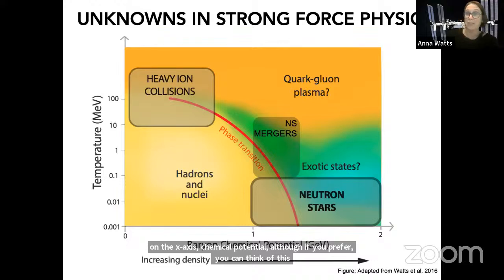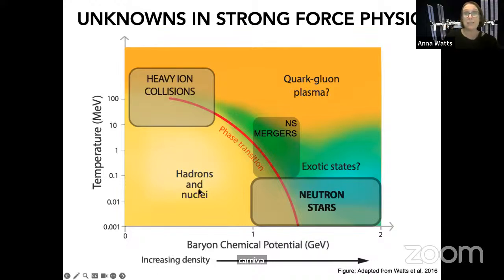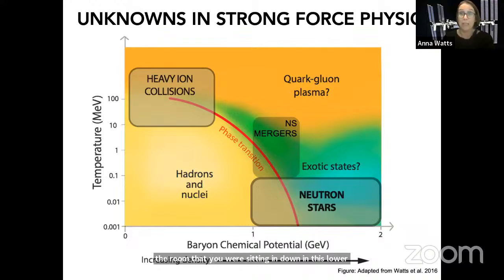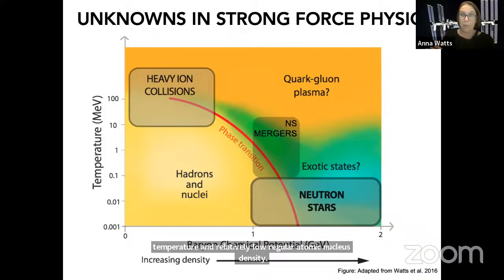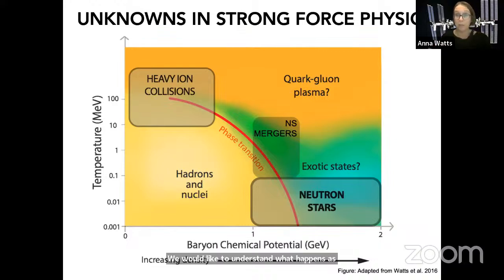Astronomers tend to prefer to think of it in terms of density. We live, basically everything around you in the room that you're sitting in, down in this lower left-hand portion, the region of regular hadrons and regular nuclei, low temperature and relatively low regular atomic nucleus density. We would like to understand what happens as we go to extremes of temperature and density.